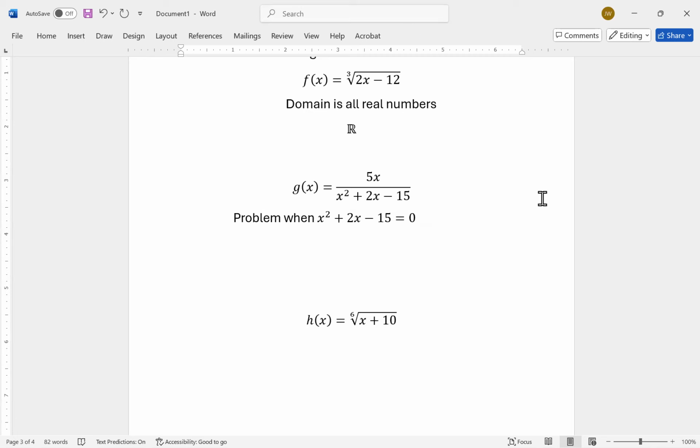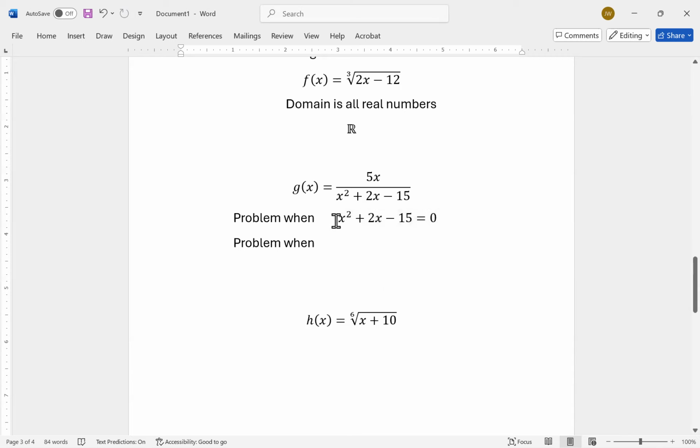And what's happening there is I have a quadratic expression set equal to 0. Most people watching this video have factored before, so I'm just going to do a very quick factoring lesson.